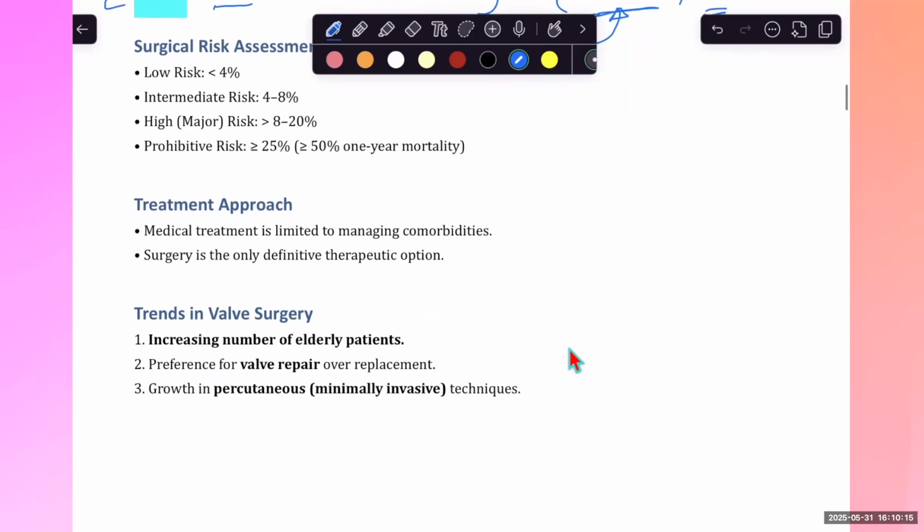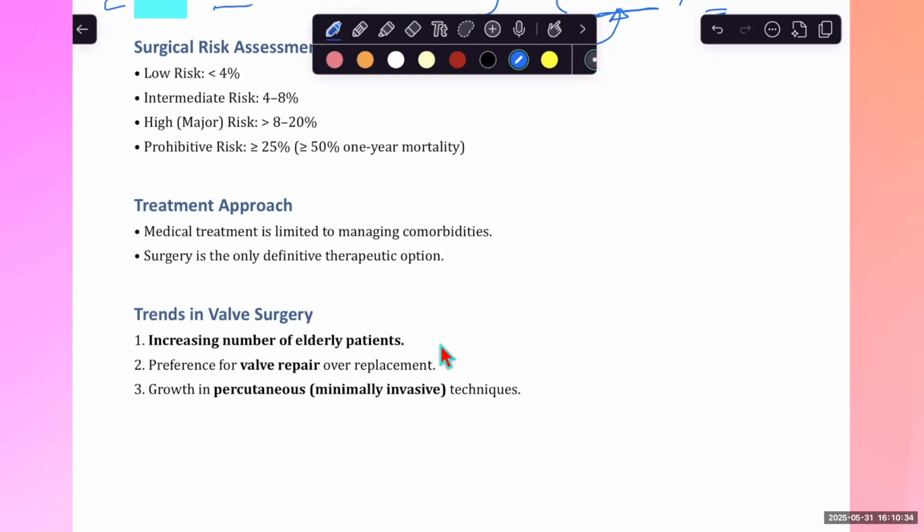Okay. Also, in recent days, we have seen some trends in valve surgery. Earlier you used to see more young patients who came to change the valve because of mainly rheumatic problem or stuff like this.